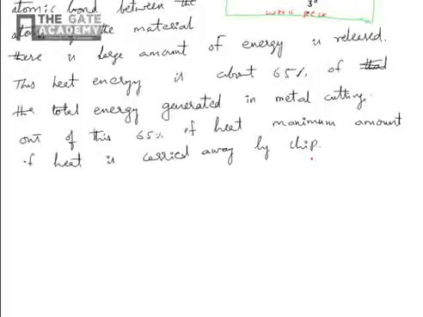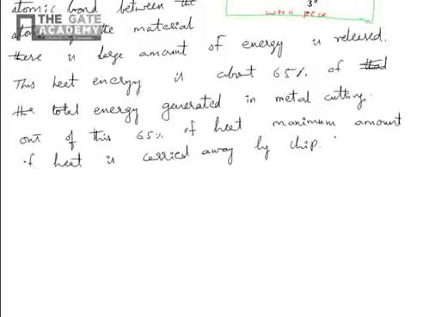Once the chip starts forming, it goes out, and we generally prefer discontinuous chips. The chips break and go out from the workpiece. While going out, they carry the heat. The minimum amount of heat is carried away by the workpiece.